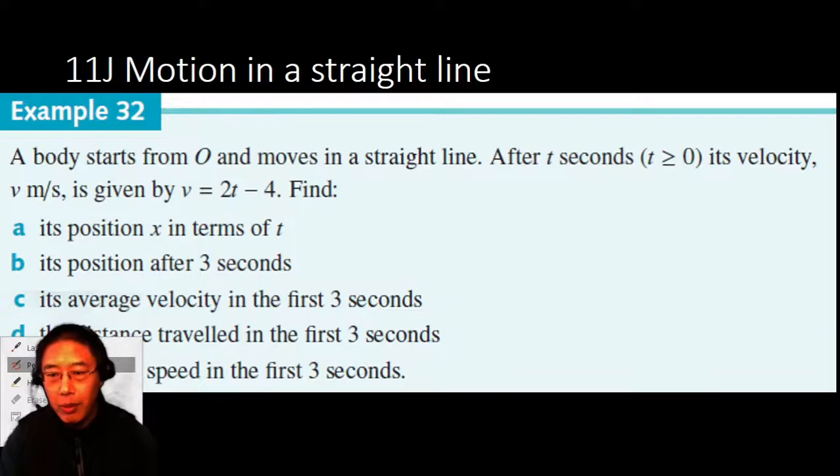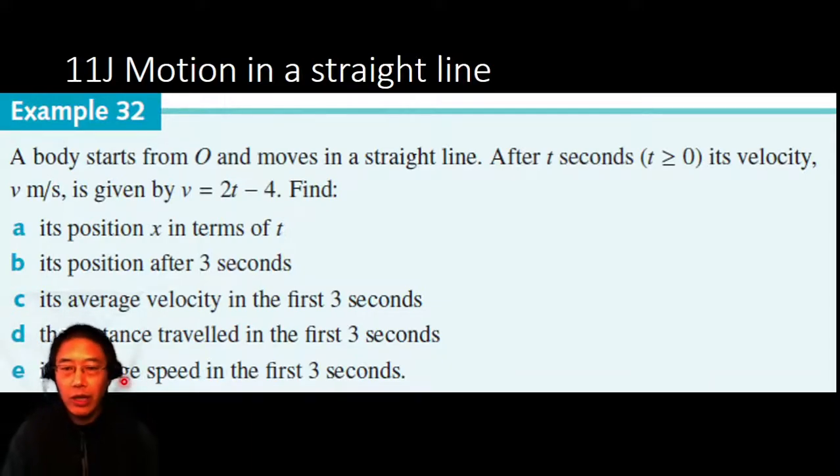Just be mindful, I was referring to functions. Here are instantaneous values. For the average velocity, you need to look at your starting and end values, not what's happening in between. So here our velocity has the following rule.